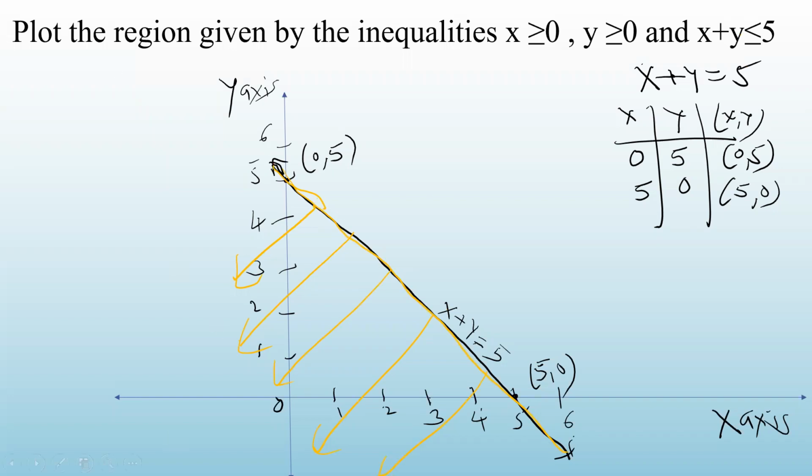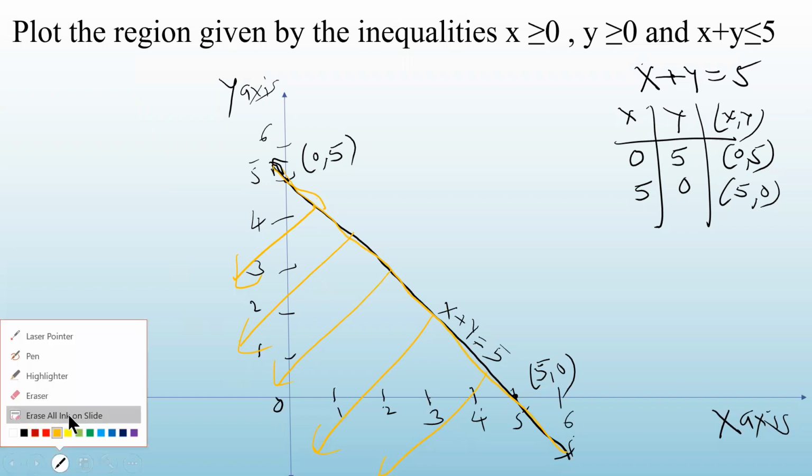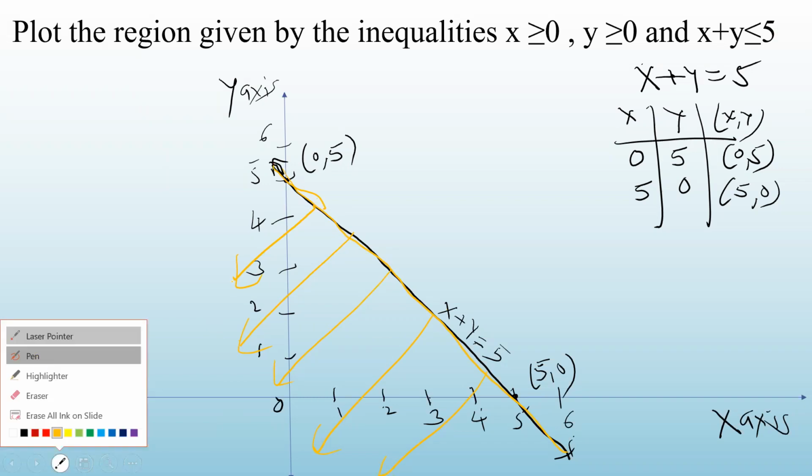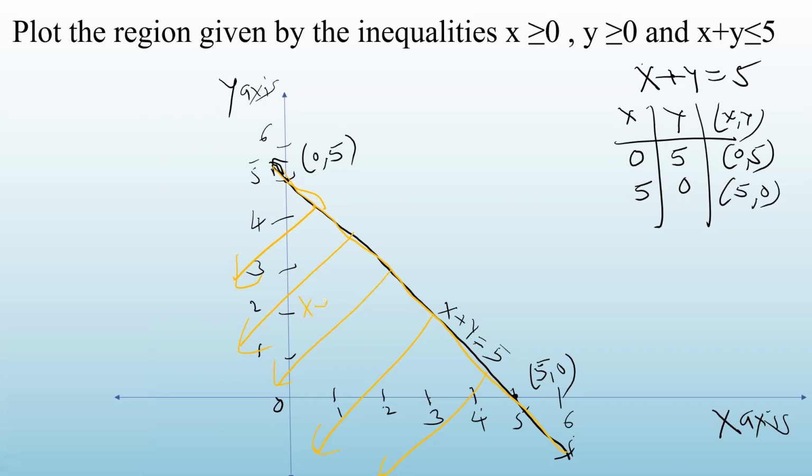So this orange color or yellow color, whatever you can say, is representing everything on this line together with everything below the line. It is this region. Are you getting this? So this region is x plus y less than or equal to 5.